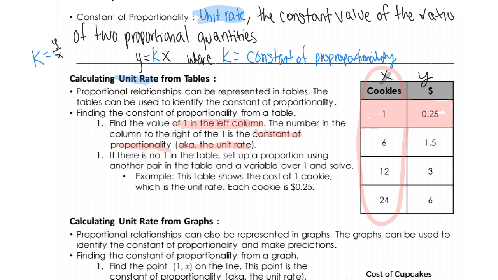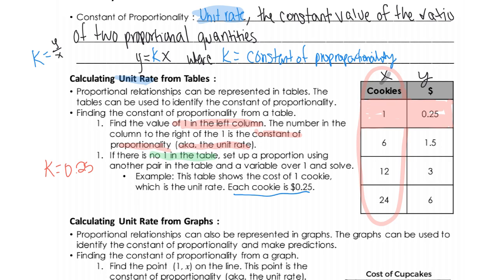So in this case, my constant of proportionality, my k, is equal to 0.25. What that means is that each cookie is 0.25. Now you may be asking, what happens if there is no 1 in the table?